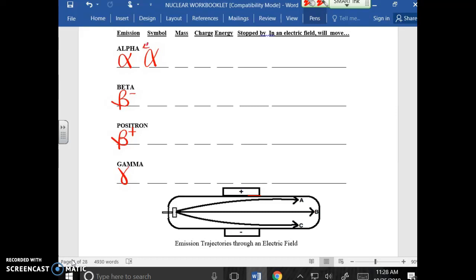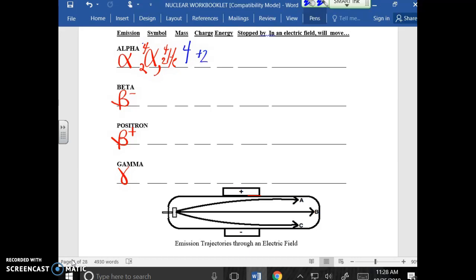It makes no secret about it, it gives all of the information that you need. It says that alphas are 4-2 with an He, meaning that an alpha particle is the same thing as a helium nucleus. Now, what's nice about this is that there's no mystery. It has a mass of 4 and a charge of positive 2.